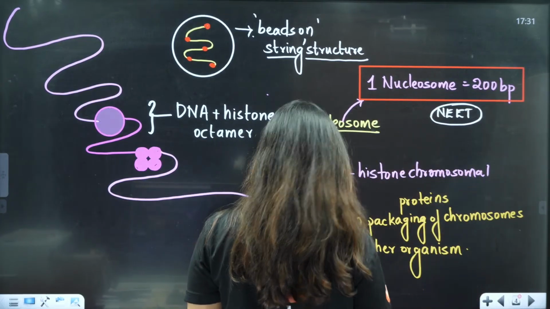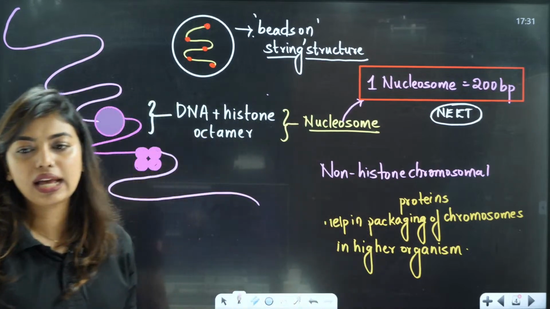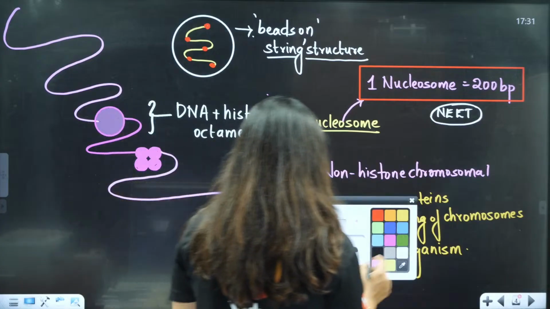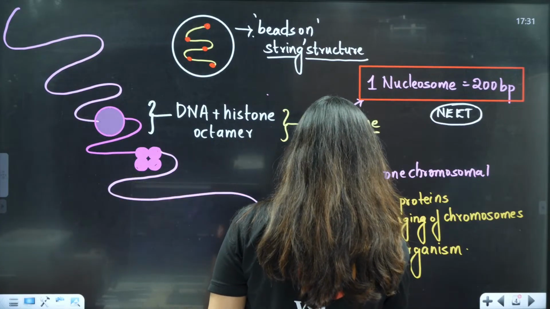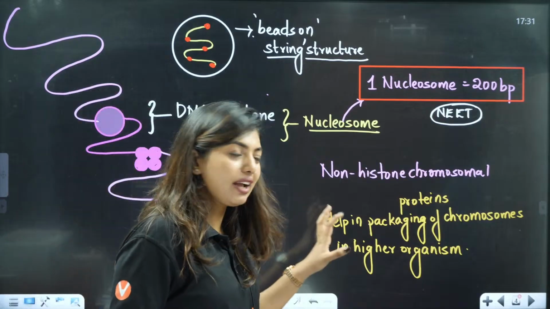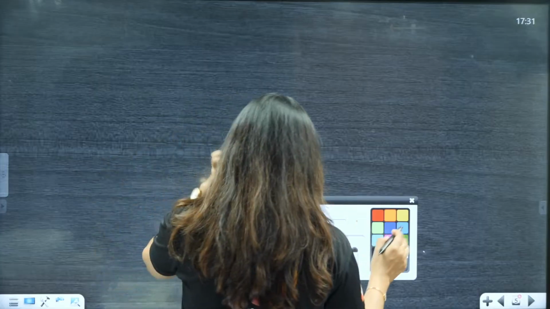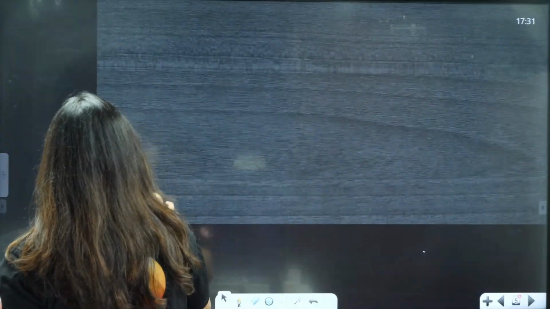Non-histone chromosomal proteins, they help in packaging of chromosomes in higher organisms. Done. Now this is clear, almost we have covered. Now we have to study about euchromatin and heterochromatin.